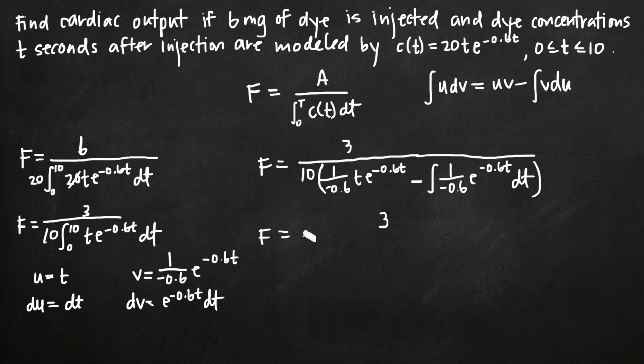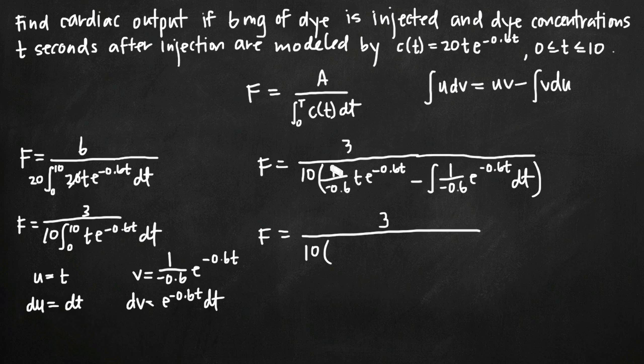We'll get 3 over 10, and then 1 divided by negative 0.6 is the same as 1 divided by negative 6/10, which is the same as 1 times negative 10 over 6.